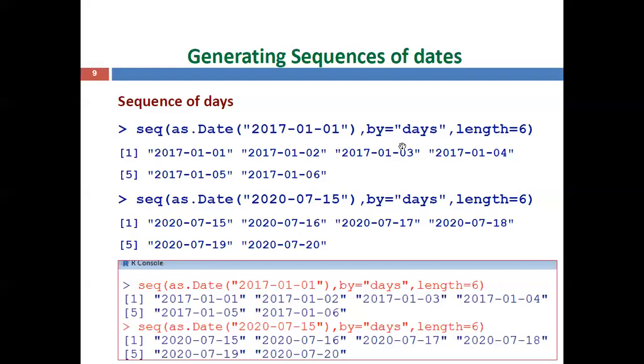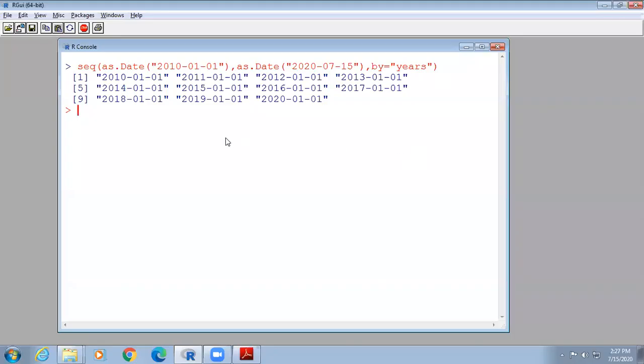Now we will also run this one. Now you can recall the previous one. You can take any one. Suppose here end date is not required. Starting date you can give, then by equal to, here we are taking days.